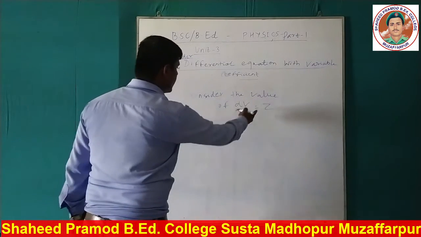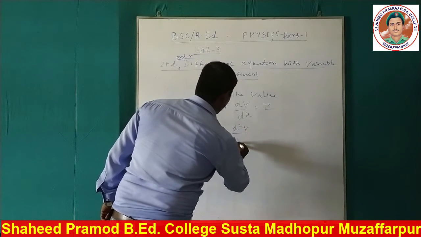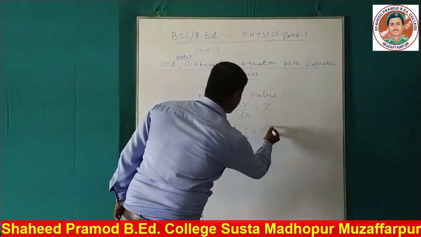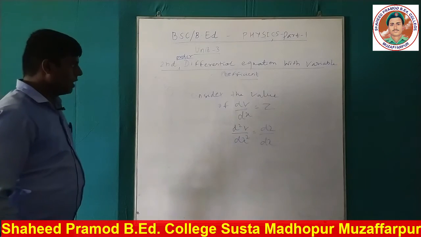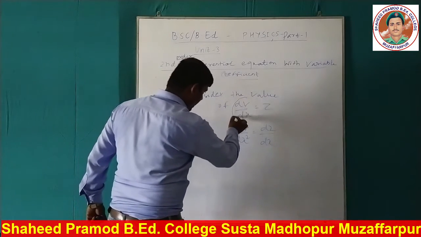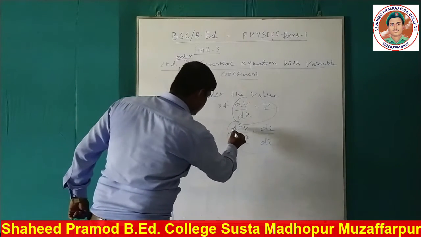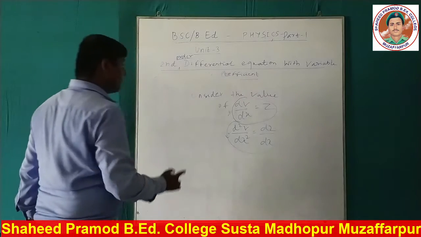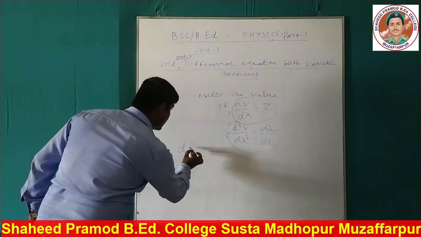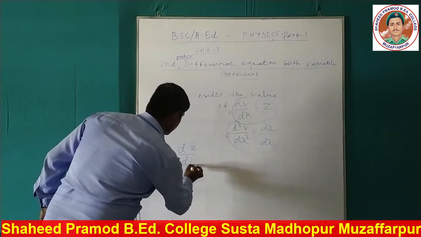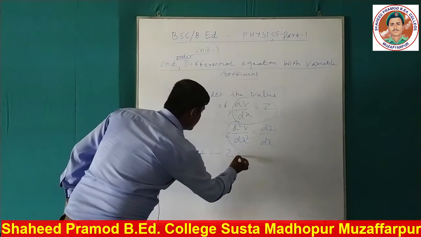So if you differentiate this again, that will be d square v upon dx square equal to dz upon dx. Now see what will happen when you put this value in the place of this, then the given equation will form a linear equation: something into dz upon dx plus something into z is equal to something.